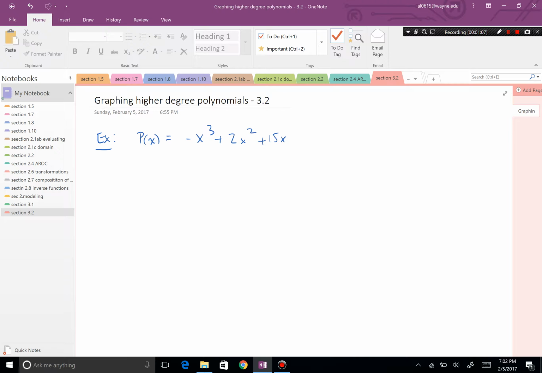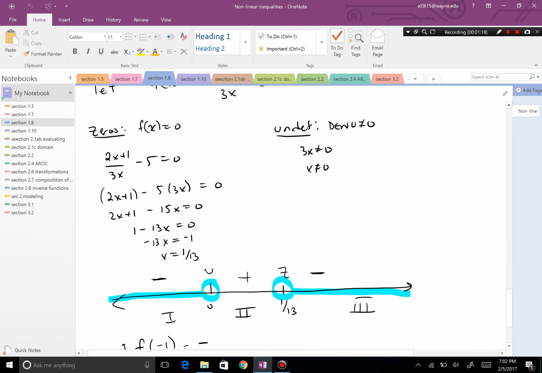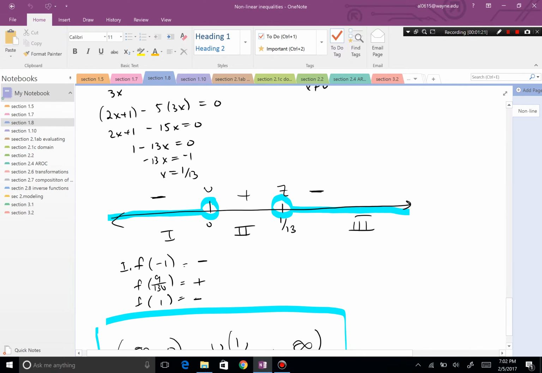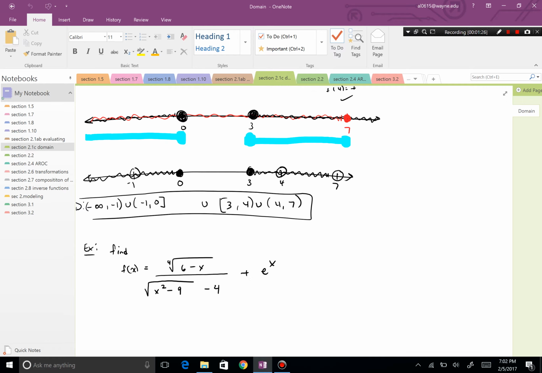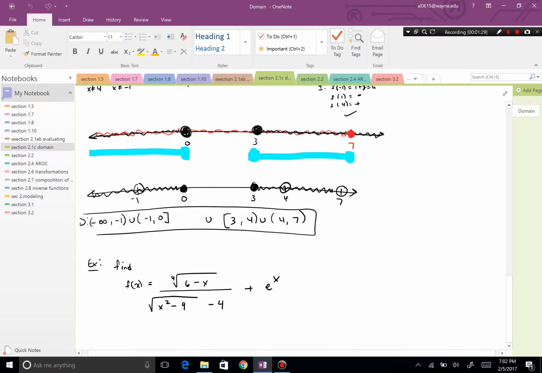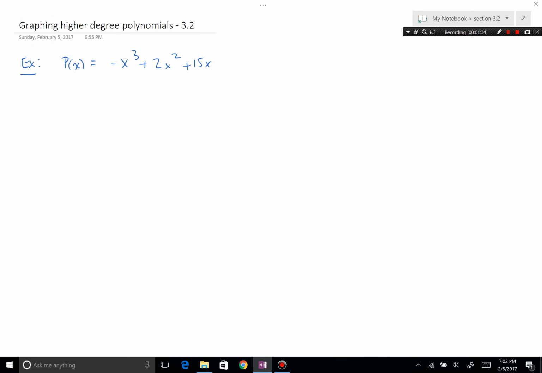Many times before, especially in section 1.8 on nonlinear inequalities, finding a domain and figuring out the solution, as well as finding the domain of things in section 2.2, we used the idea of a sign chart. That's just one of the ways we use a sign chart. We're not solving a nonlinear inequality here, but we're going to need a sign chart.